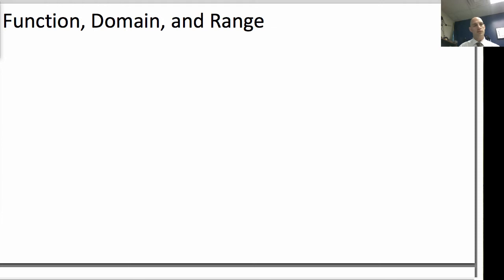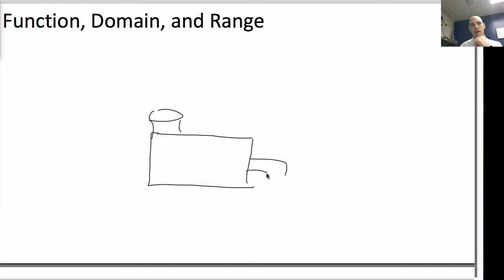So when we're looking at function, domain, and range, the thing you have to remember is that functions are really, in a lot of ways, like a machine, okay? And so when we think about a machine and what it does, we've got something that goes in, and that's going to be the domain.